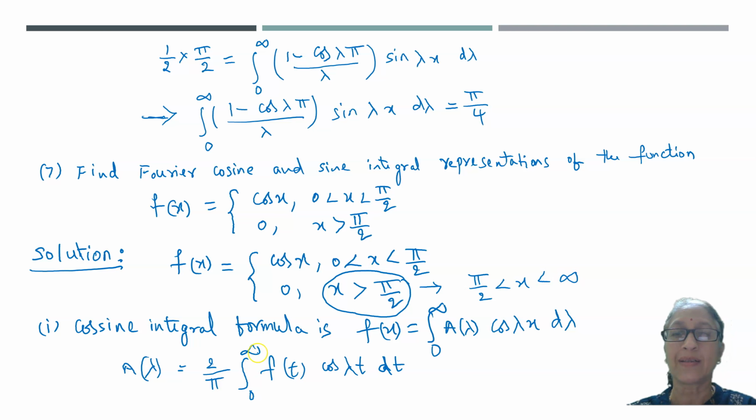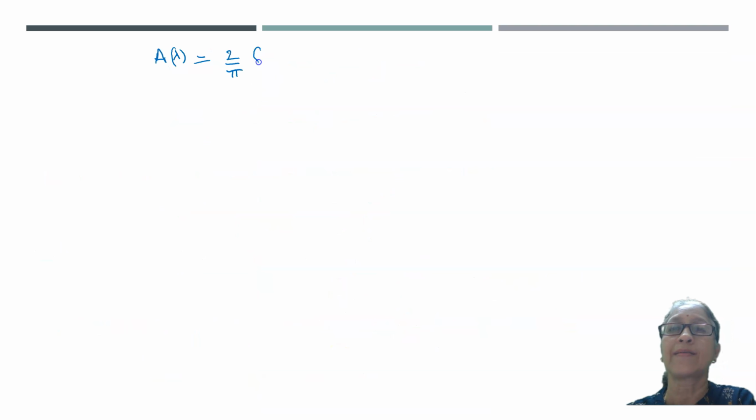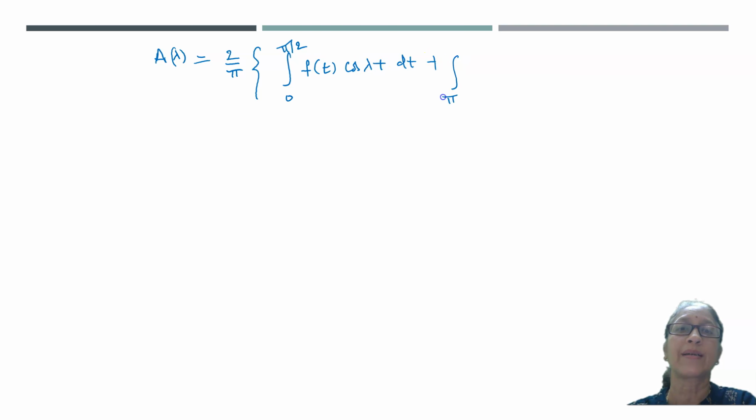So we can split this integral into two integrals. The first one is from 0 to pi by 2, and the next one is from pi by 2 to infinity. So you can write A(lambda) as the integral from 0 to pi by 2 of f(t) cos(lambda t) dt plus the integral from pi by 2 to infinity of f(t) cos(lambda t) dt.